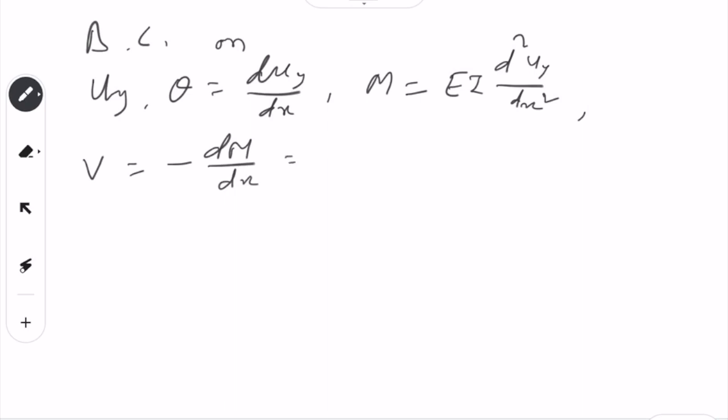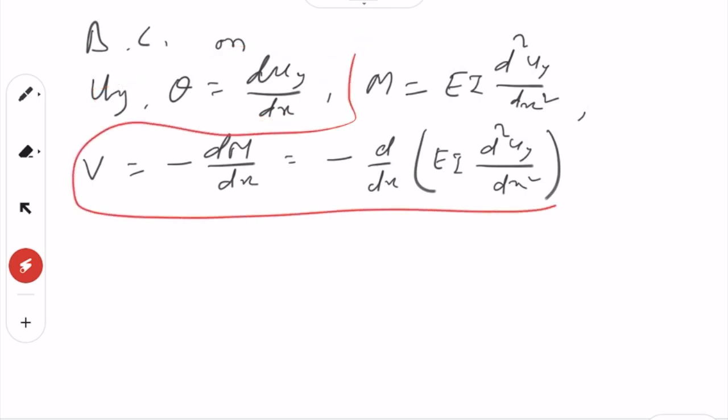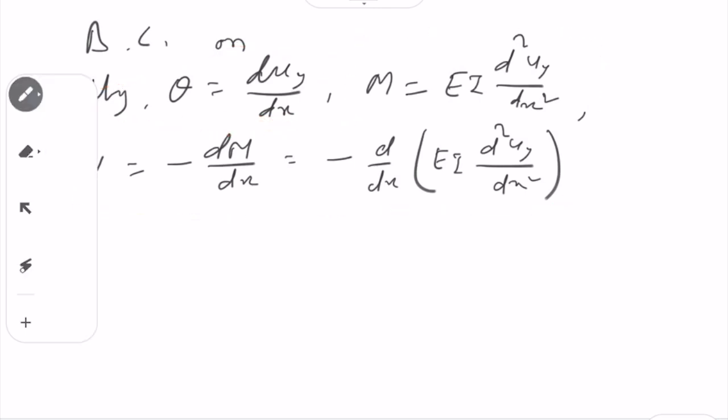So that makes it minus d over dx of EI d square uy over dx square. So on the four things we will have the boundary condition. This and this will be natural boundary condition, and this and this will be essential boundary condition. So we can identify this here.